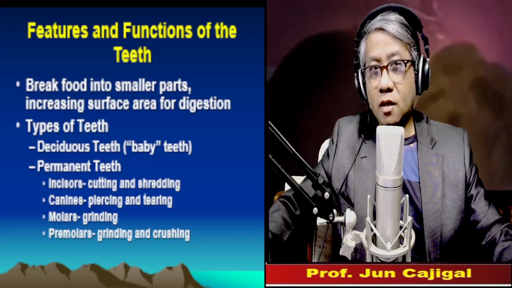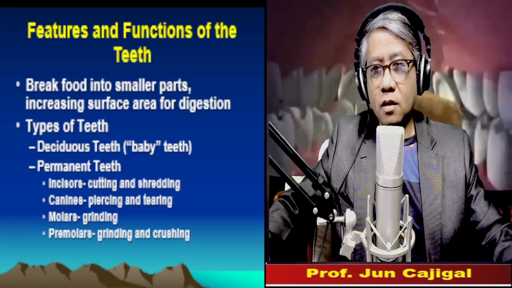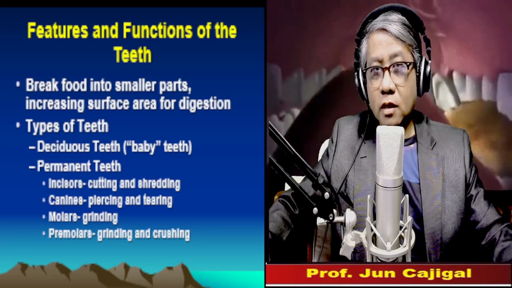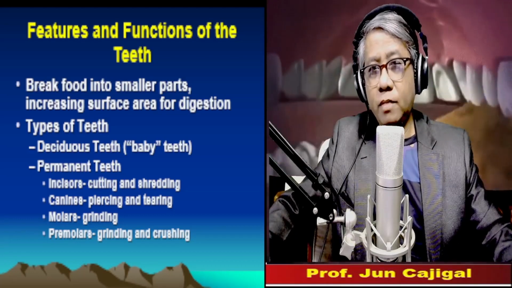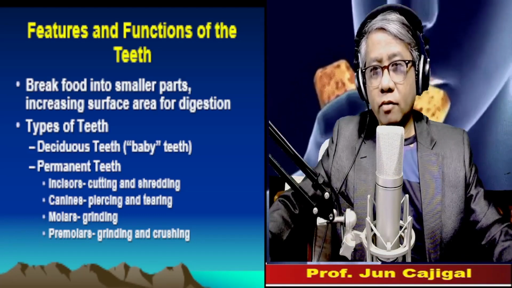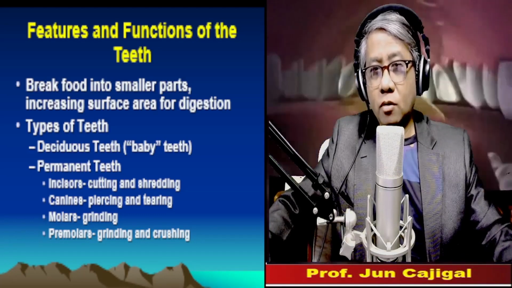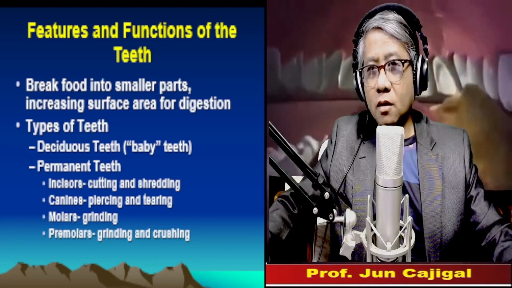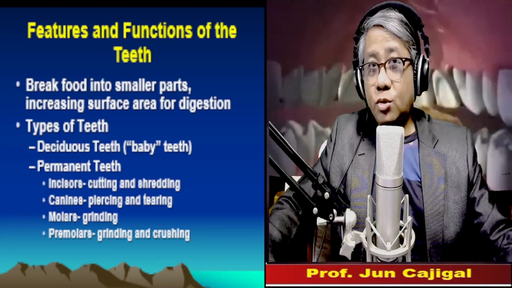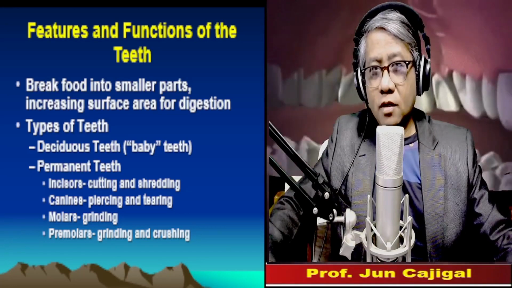Now, there are several types of permanent teeth. We have the incisors for cutting and shredding food, canines for piercing and tearing food, the molars for grinding, and premolars for grinding and crushing the food. So those are the types of teeth.